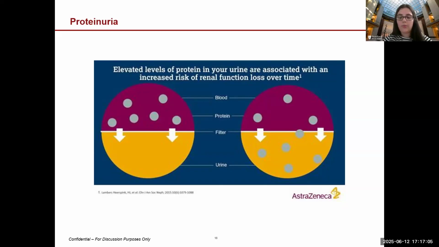While on the right side, you can see that the kidney filter is damaged because some proteins are being leaked into the urine. This is what we call proteinuria, which means that you have protein in your urine.